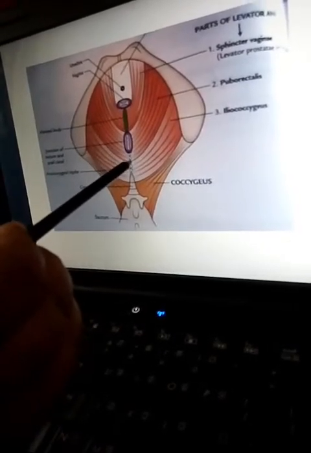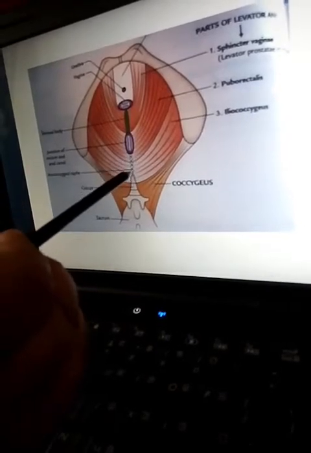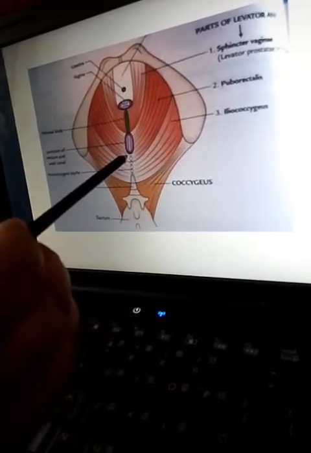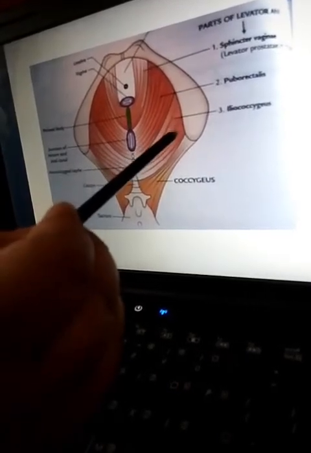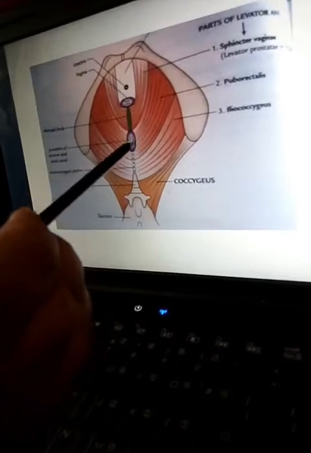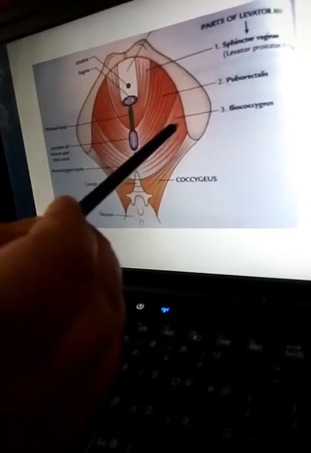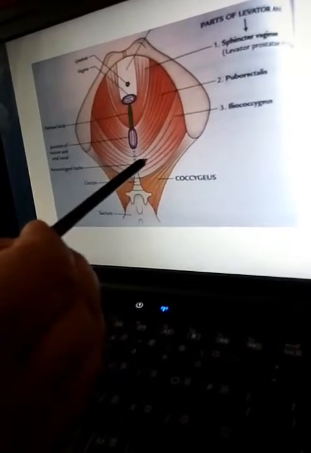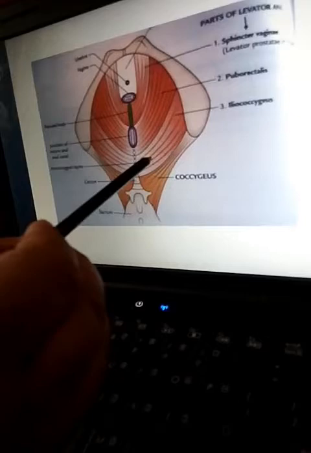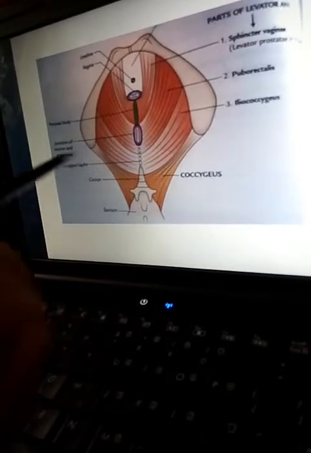This anococcygeal raphe is a fibrous raphe which extends from the anorectal junction to the tip of the coccyx. Now posterior fibers, which are known as iliococcygeus, are inserted into the anococcygeal raphe and the coccyx.